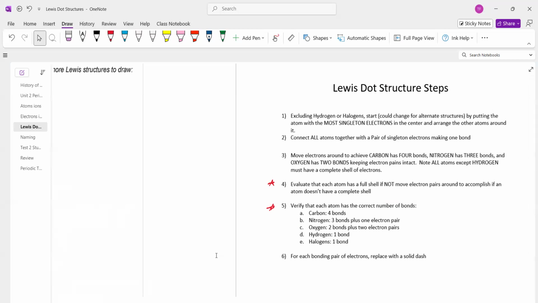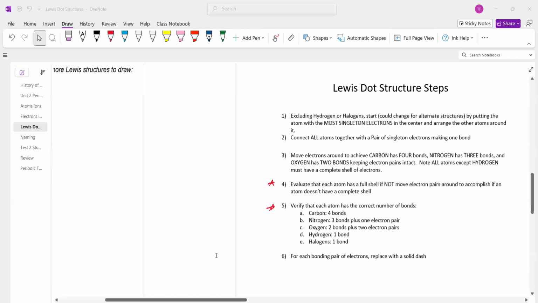Everything needs 8 except for hydrogen. When you get into 1A, you'll learn there are atoms with 12 or more than 8. For here, it's 8. Okay?